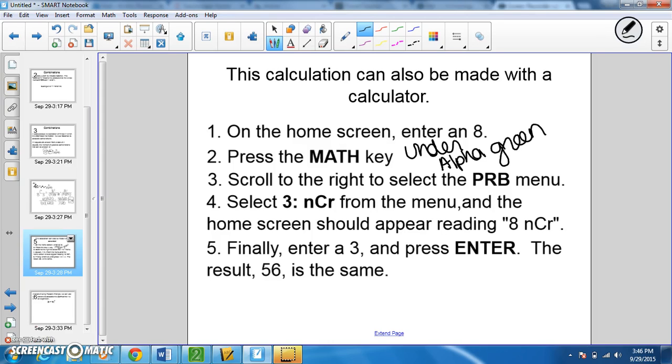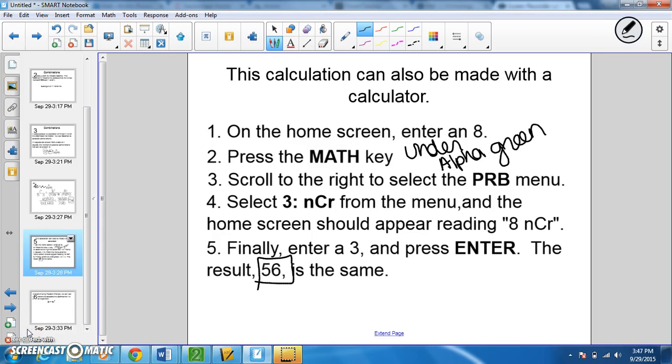You can select the number 3, which then brings you back to the home screen, and it should read 8 nCr. To finish this calculation, we are going to enter a 3 and press enter. The result we get is 56, and that is the same as we just computed.